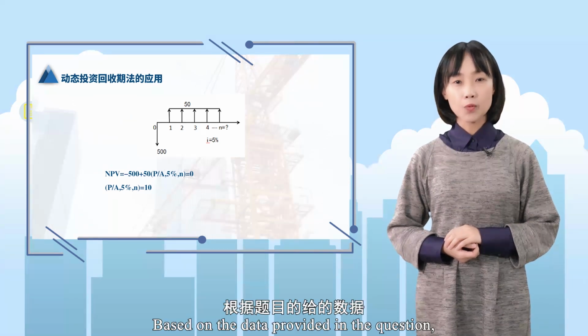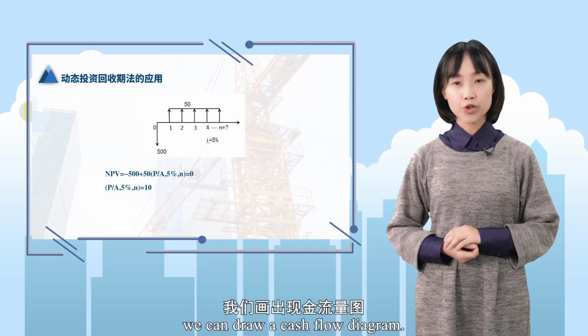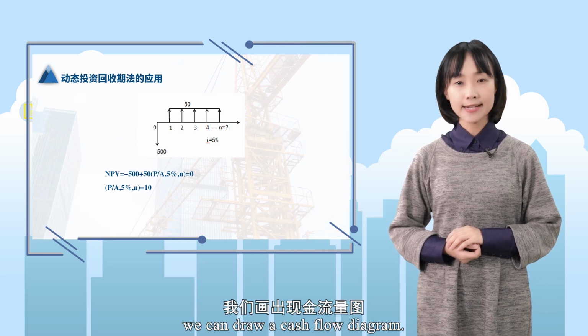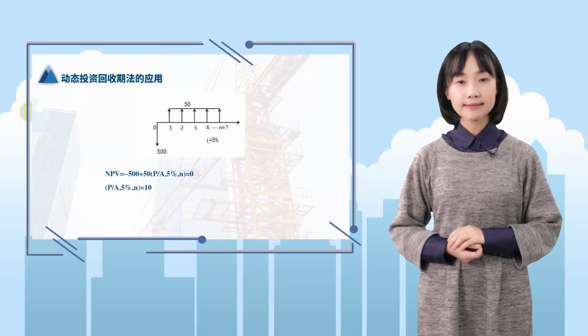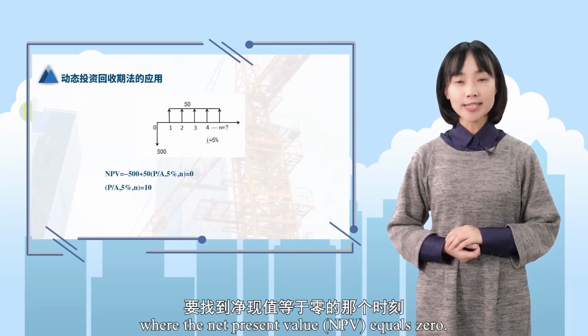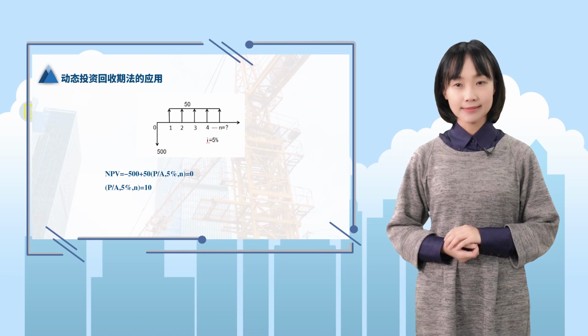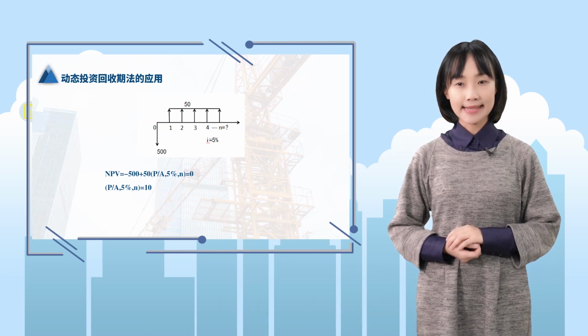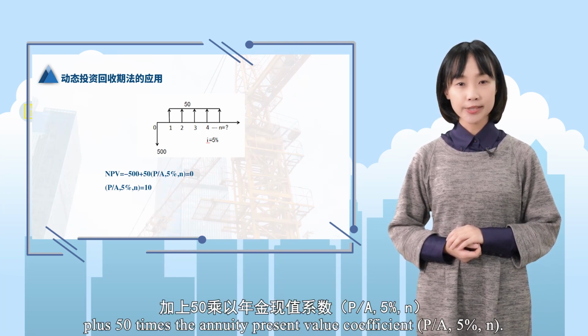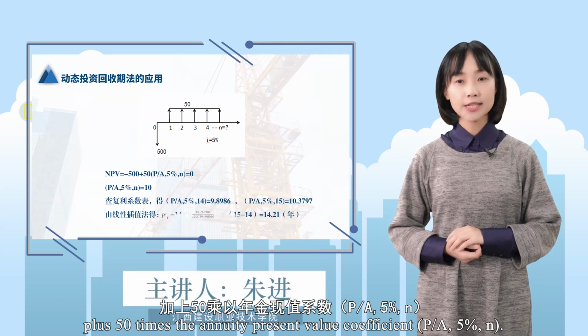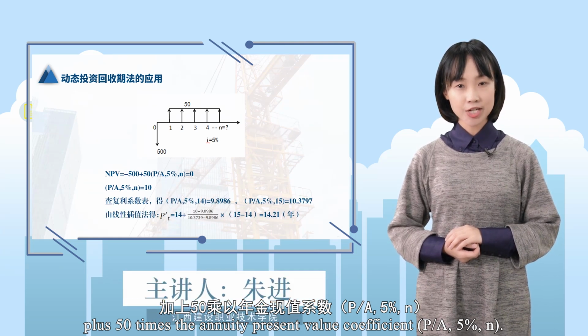Based on the data provided in the question, we can draw a cash flow diagram. The dynamic investment payback period is the point where the net present value NPV equals 0. According to the data given, NPV is minus 500 plus 50 multiplied by the annuity present value coefficient (P/A, 5%, n).